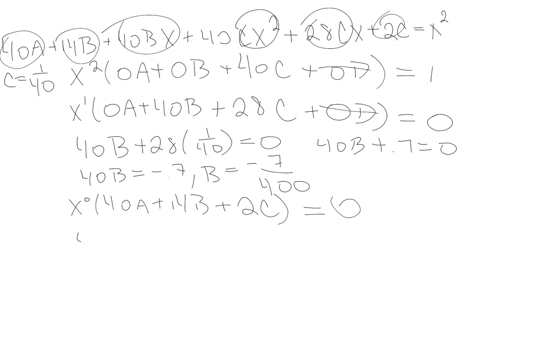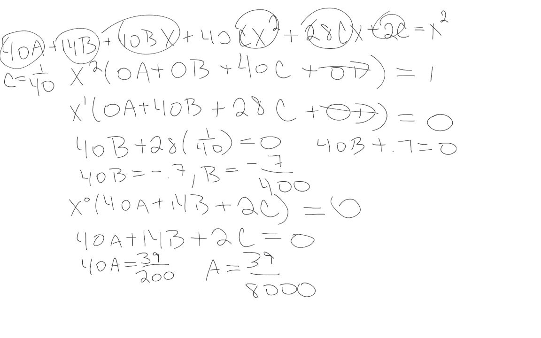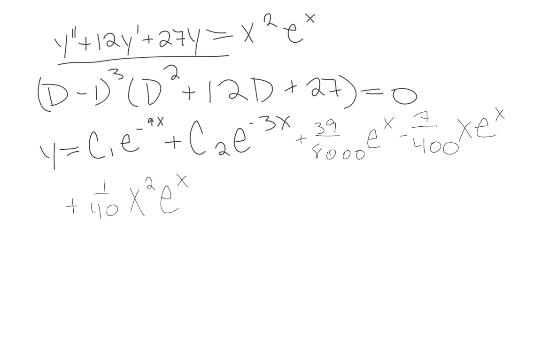So 40a plus 14b plus 2c equals 0. So after plugging in values of b and c to solve for a, I get that a is equal to 39 over 8,000. Ouch. That's a pretty small value there. Actually, my TI-84 had some trouble showing that figure due to formatting.